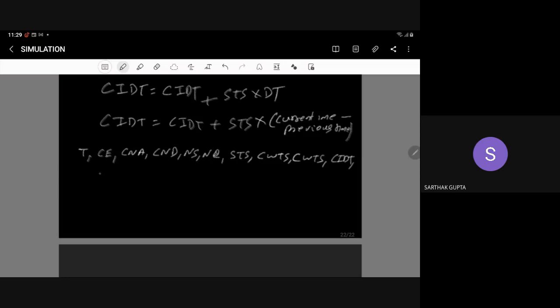Then we write the column for the arrival. Arrival means inter-arrival time. Then we generate the inter-arrival time. Then we generate the NAT. And before the inter-arrival time, we have to consider the random variable for the arrival, which we denote by UA.